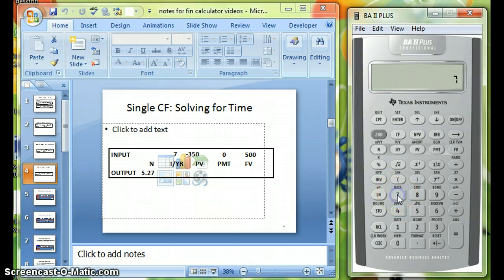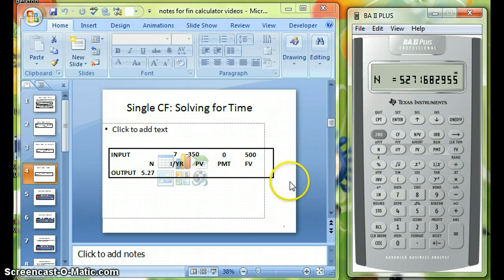And this is interest rate of 7%, and we compute for N, turns out to be 527. So remember, if you use negative present value, then you use positive future value. And what I showed you, I used positive present value and negative future value. So between these two, one negative, one positive.